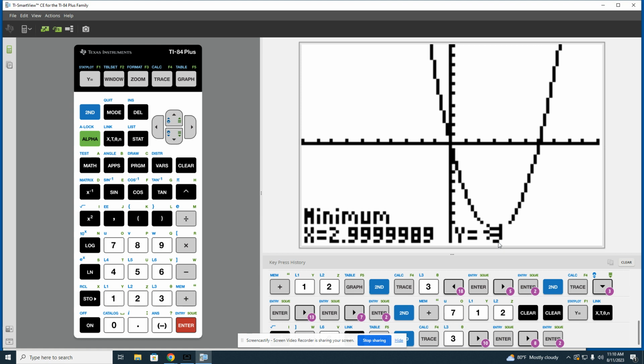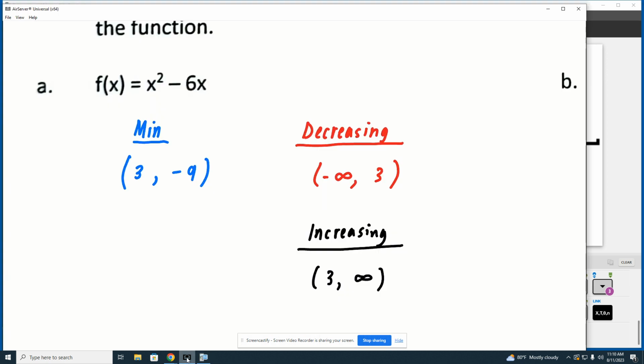And then what does it start doing as it leaves the x value of 3? It starts increasing, and it will increase from 3 to where? Infinity. So, y'all didn't have to do that. That's not what the question asked here. But your minimum is 3, -9. It was decreasing from negative infinity to 3, and it increased from 3 to positive infinity.